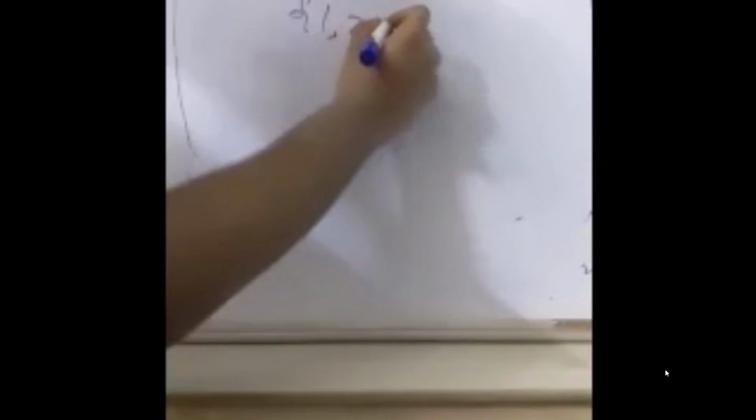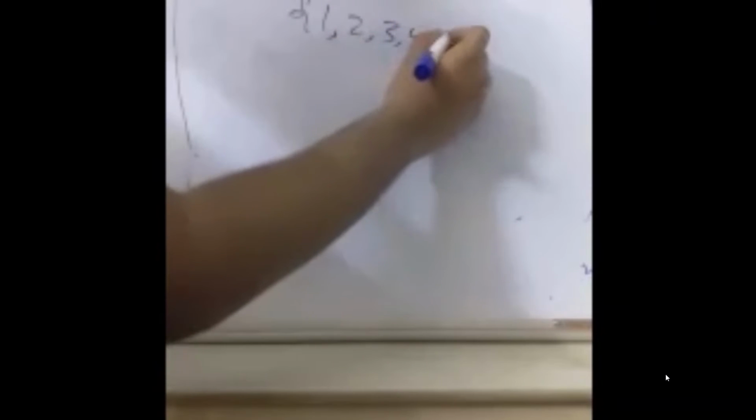Okay, so a permutation is basically a rearrangement of n objects. Now let's take a set. Consider the set 1, 2. Can you repeat the definition? So suppose you have a collection of n objects.